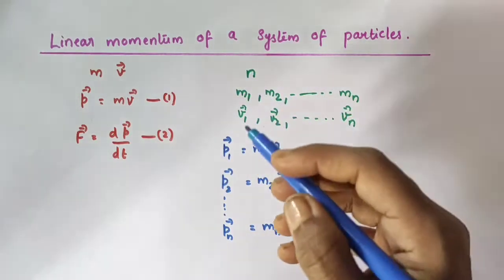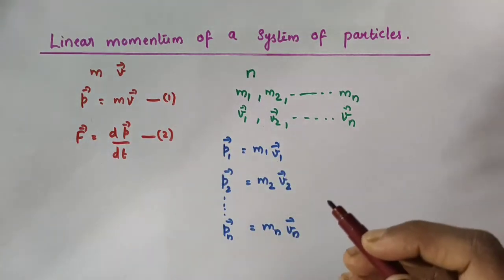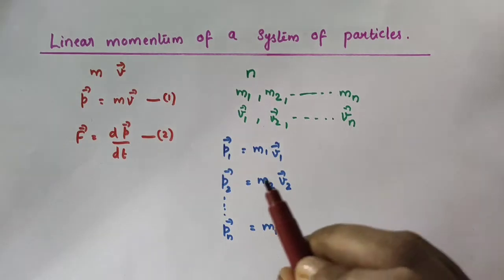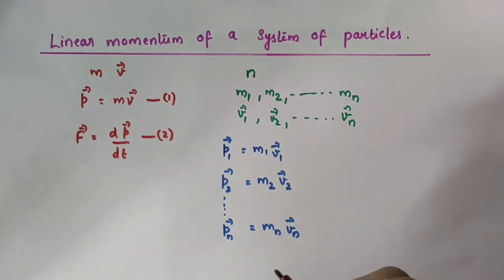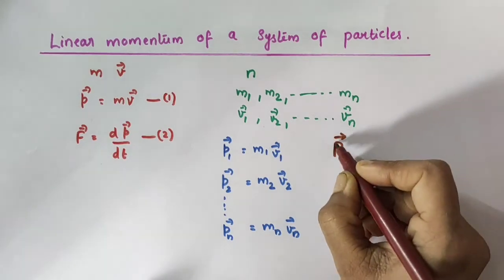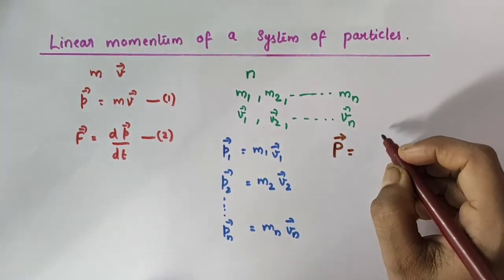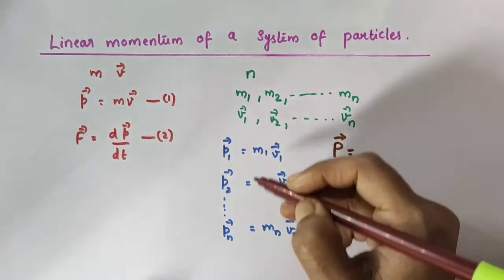Linear momentum of the system is defined as the vector sum of linear momentum of all individual particles of the system. That is, linear momentum of the system of particles, capital letter vector P, is equal to the vector sum of linear momentum of all individual particles.